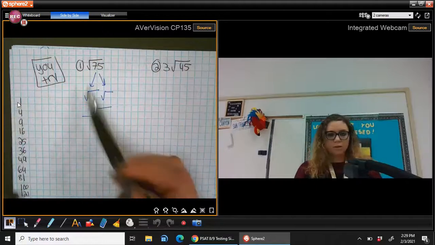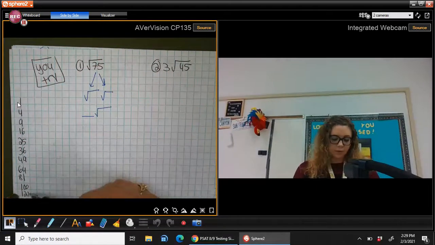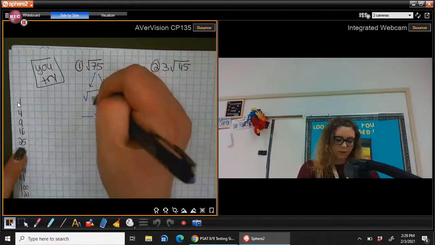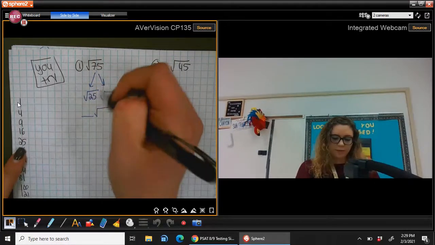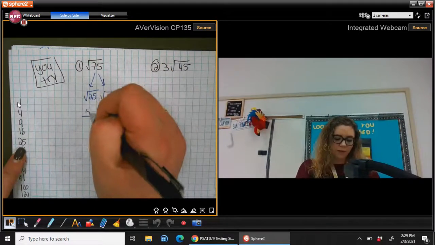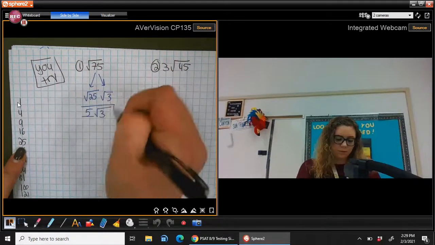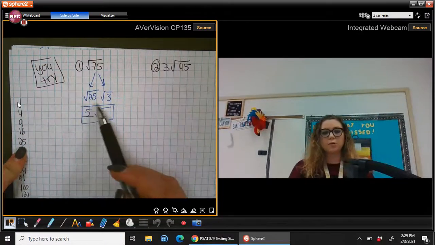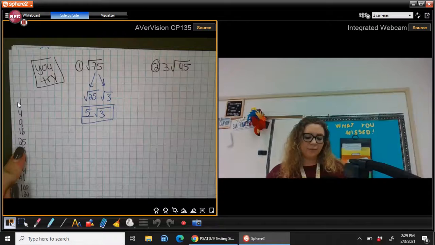What would go into 75 evenly? What would be the largest one? I want to try all of these. 25 would go into it. 75 divided by 25 is going to be 3. Square root of 25 is 5, and I'm left with 3. Again, you have to make sure this is the largest square root that will go in evenly.